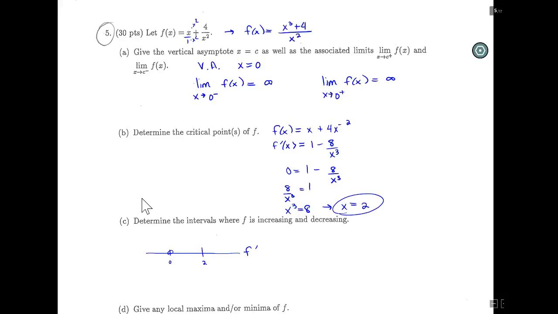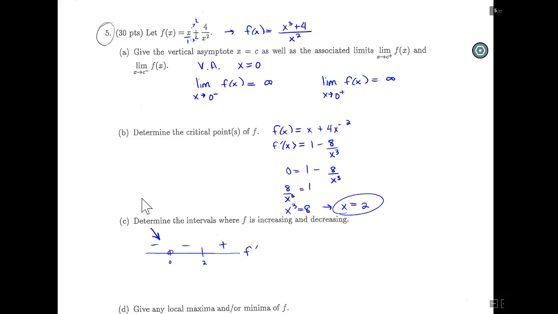So if I plug in f prime of 1, I get 1 minus 8, and that's going to be negative. And to the right of 2, so if I plug in 3, I'm going to have 1 minus 8 over 27. That's going to be positive.